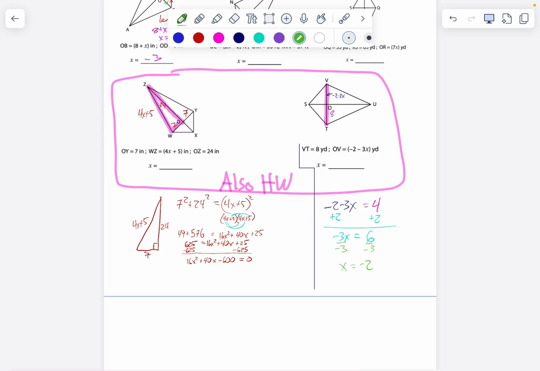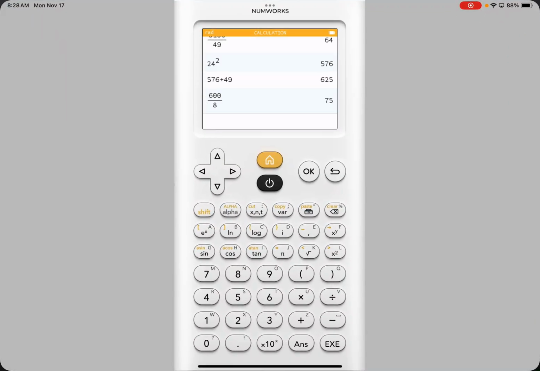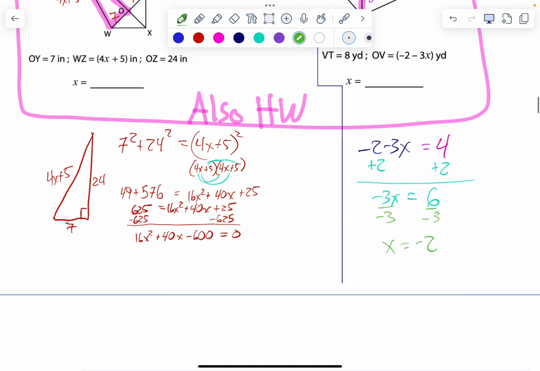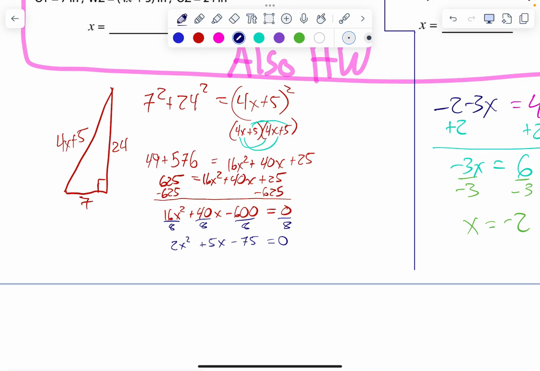How's this going? What's your GCF? Okay. Anybody figuring out the factors?